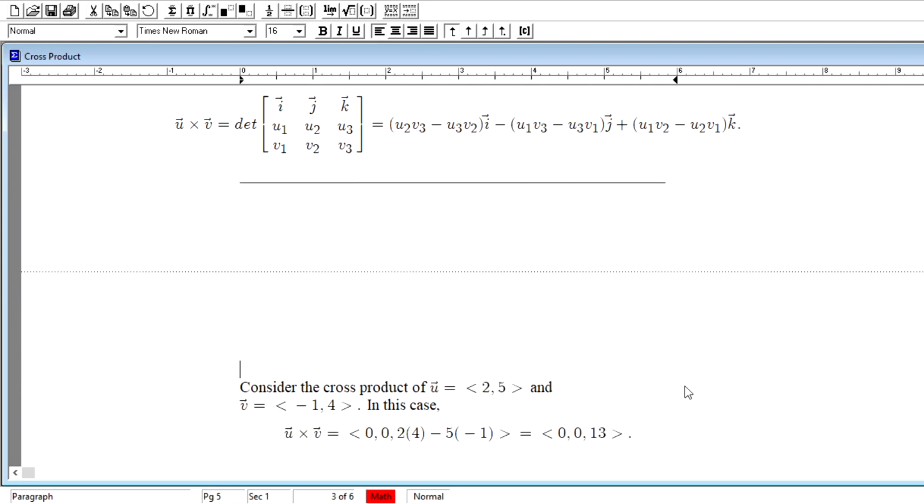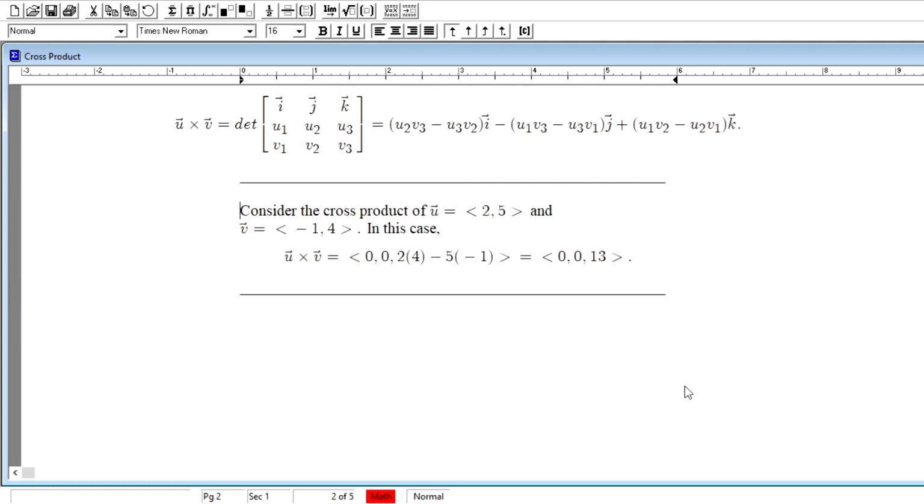If we consider doing a cross product for the vector 2, 5 with negative 1, 4 in two-dimensional space, it is going to be a three-dimensional vector where the first two components are just 0, 0. But the third component is going to come from 2 times 4, which is 8, minus negative 1 times 5, which is negative 5.